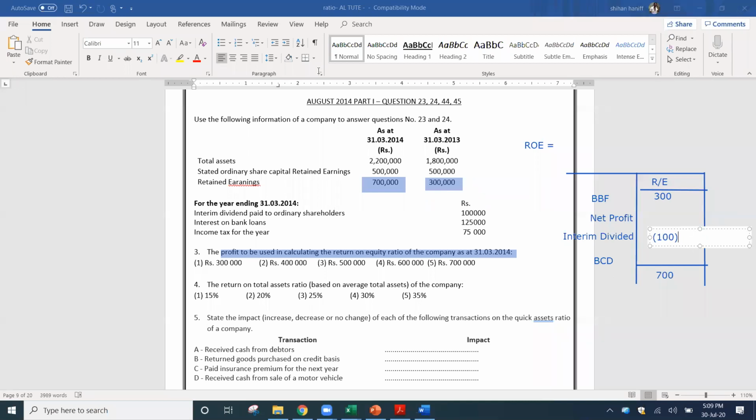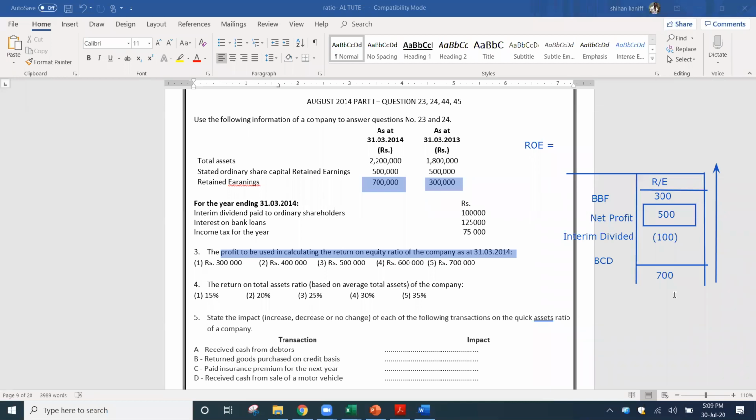Now, how do you calculate the net profit? When you are going upwards, from down to up, whatever pluses we have, we deduct, and minuses we add. So 700 plus 100 is 800. 800 minus 300 is 500.